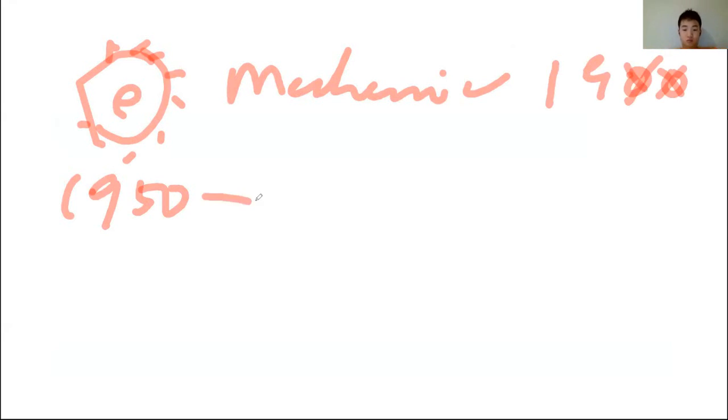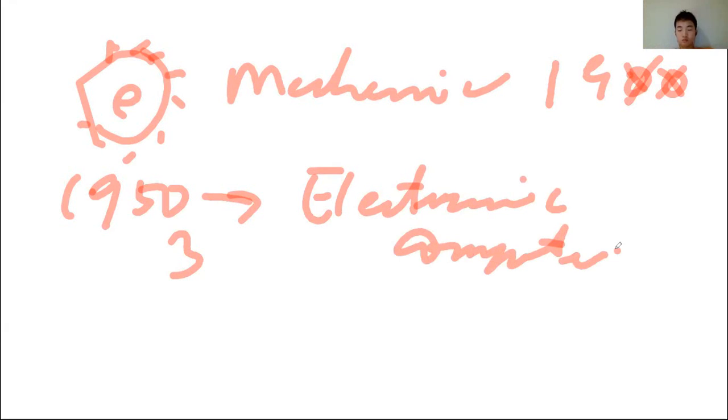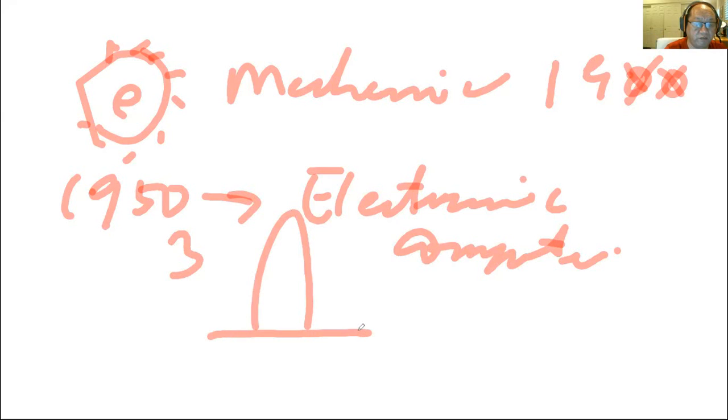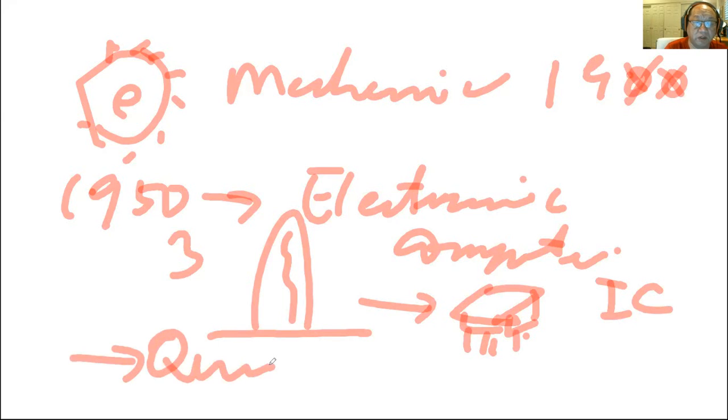Then around 1950, 53, the first electronic computer came out. Originally it used vacuum tubes, which have some light in them, and then they became transistors. Transistors were then built into the integrated circuit, which we call an IC. And now it's about time to become a quantum computer.